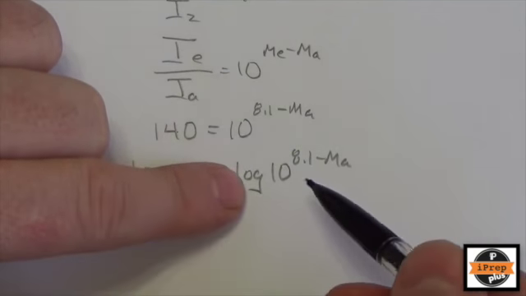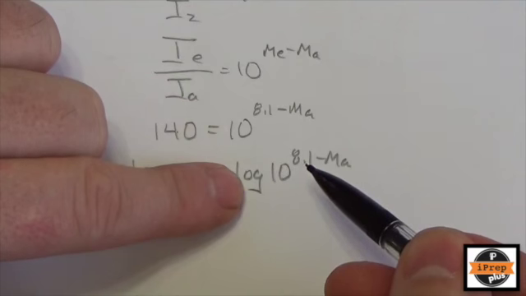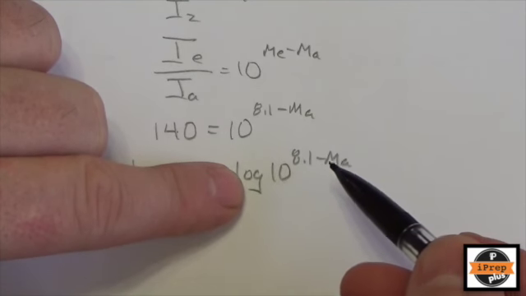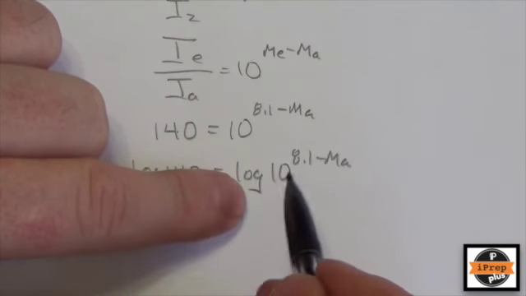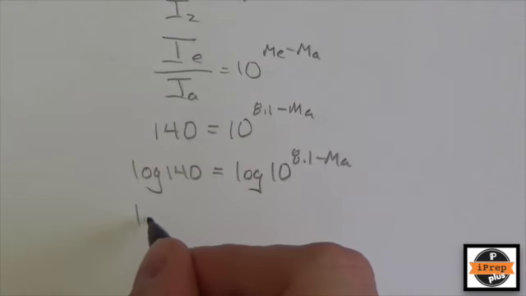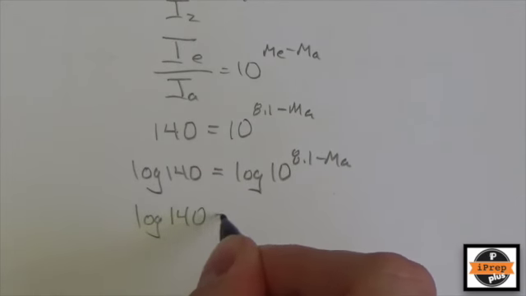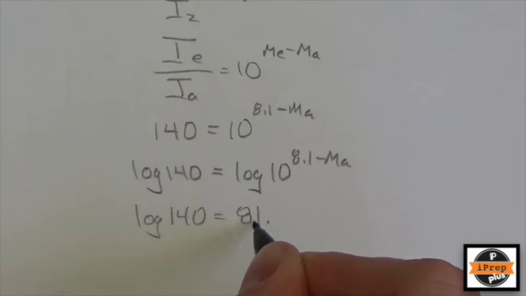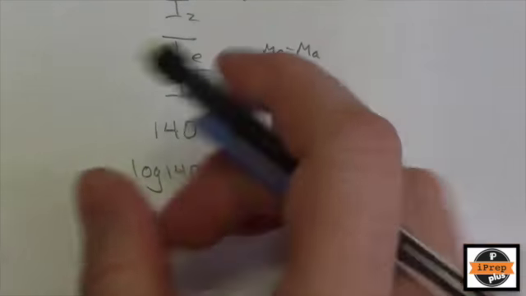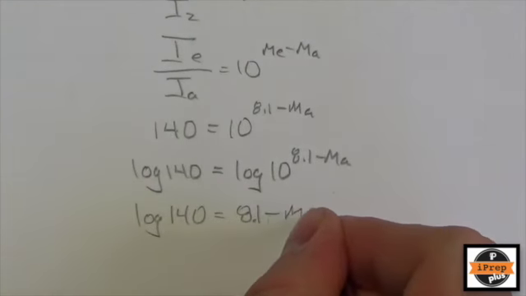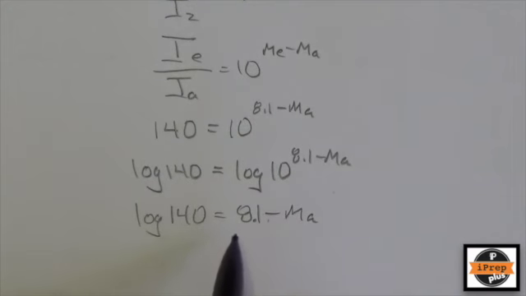This is the inverse of 10 to the 8.1 minus the magnitude of the aftershock. These are inverse operations, so they're going to cancel each other out. So we're left with just the exponent. So log of 140 will equal 8.1 minus the magnitude of the aftershock.